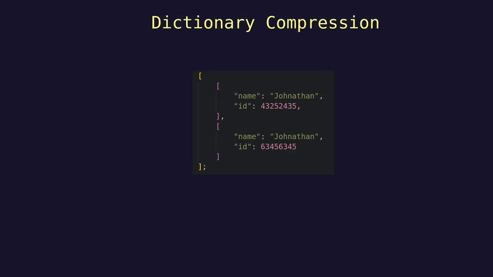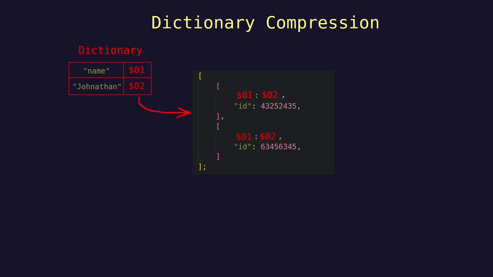In this JSON file, you can see there are multiple repeated strings. We can create a dictionary for these strings by placing them in a data structure like a hash map. Then we can assign each string a unique code. This code could be something simple like a number or some hash value. Then we can replace all instances of the strings with their corresponding code.